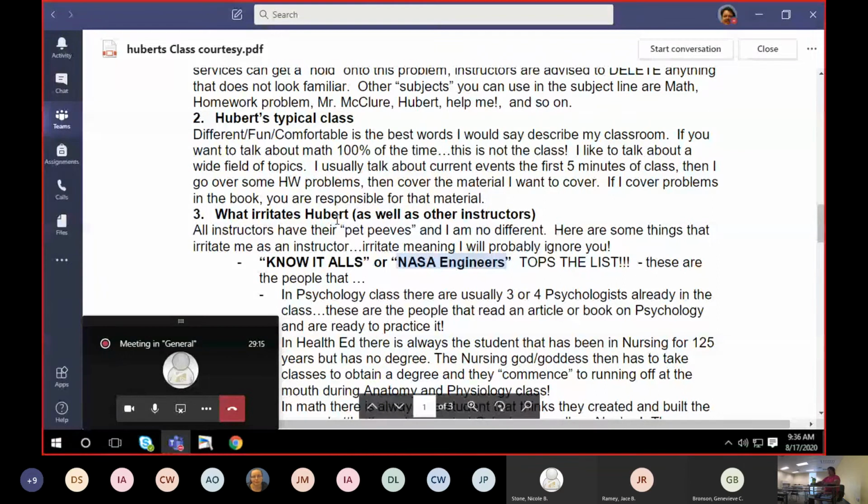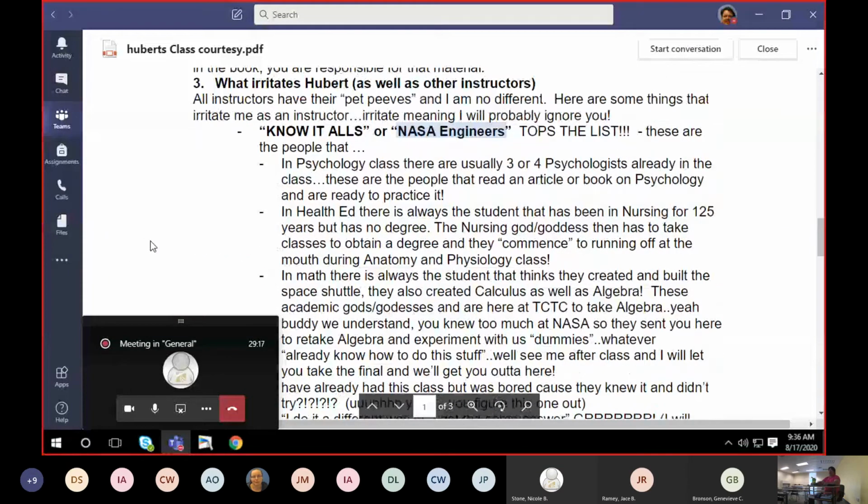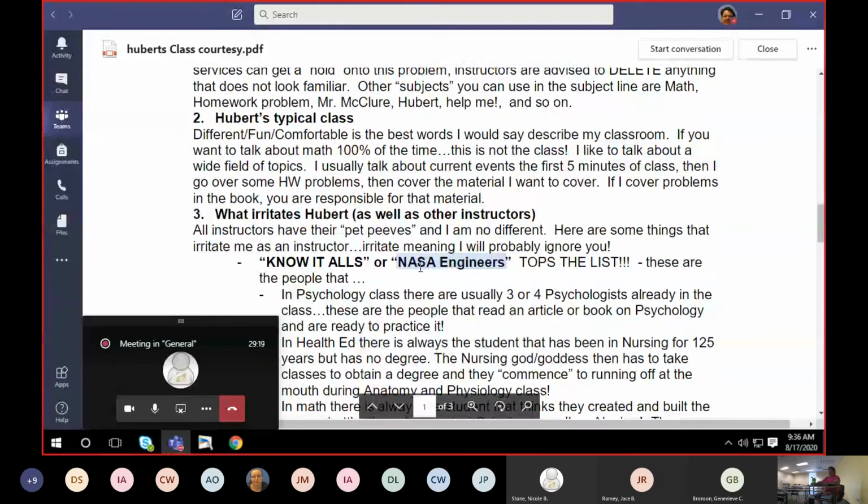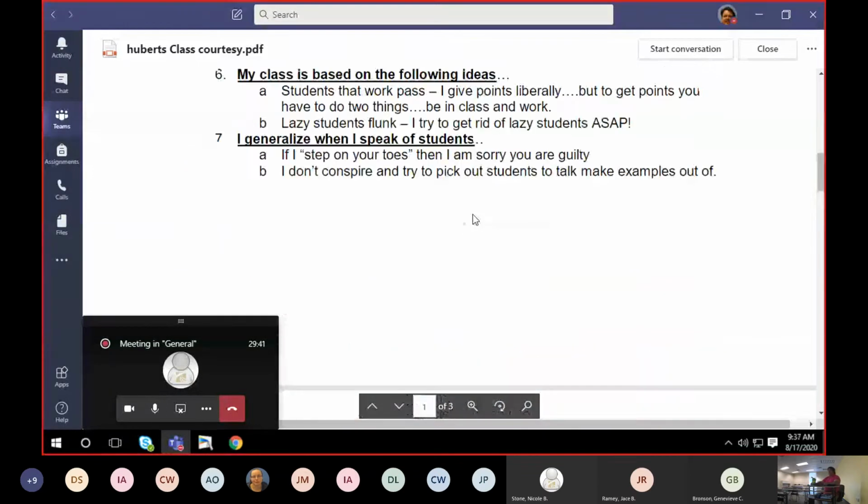I don't know if I got any in here, but if you're one of those people that know everything, please stay at home and find a cure for cancer. Heck, find a cure for this virus. Well, no, it'll be over in November, so all the drama will be over in November. So you probably won't need to find a cure till after November. Anyway, that's a little bit about my class.